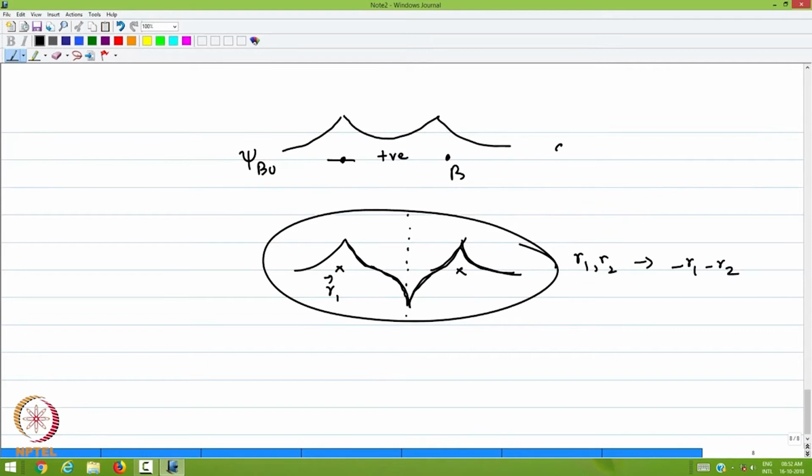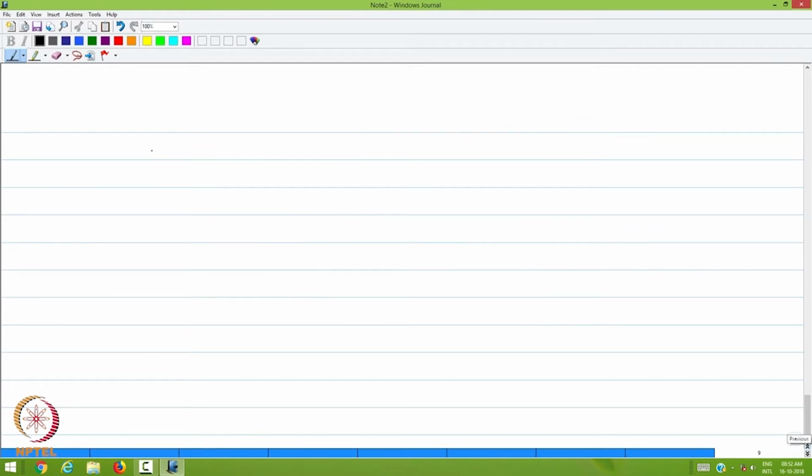Therefore, the antisymmetric linear combination is said to be of the symmetry ungerade, and the symmetric combination, which is the bonding combination, is said to be of the symmetry gerade. These are the g and u labels that come in with that. In the case of helium 2, we still have the same thing, 1 sigma u and 1 sigma g.